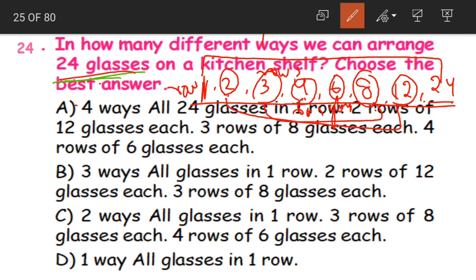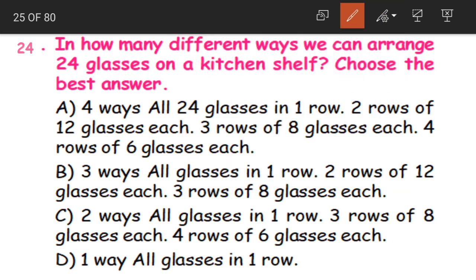Now arrangement, that means what? We will arrange in groups. Now if we find out the factors, we'll get our answer. How many ways? Let me write it in the form of multiplication here. 1 twenty-four is 24, 2 twelves are 24, 3 eights are 24 and 4 sixes are 24.